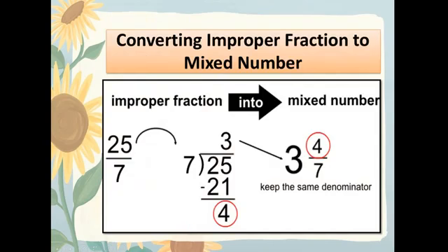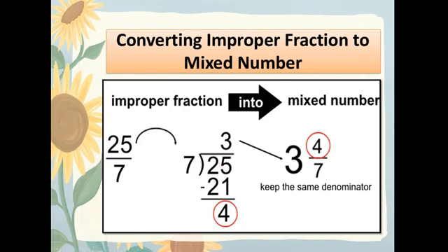Now, how to convert improper fraction to mixed number? Example, our improper fraction is 25 over 7. You have to divide 25 by 7. Numerator divided by denominator. Example, 25 divided by 7 is 3. 3 times 7 is 21. 25 minus 21 equals 4.